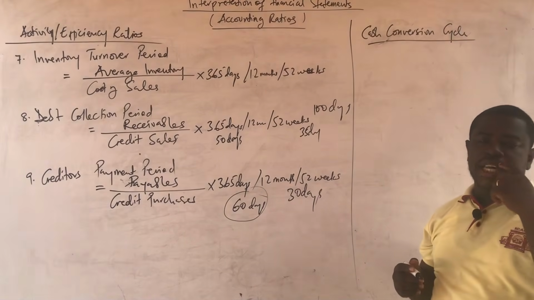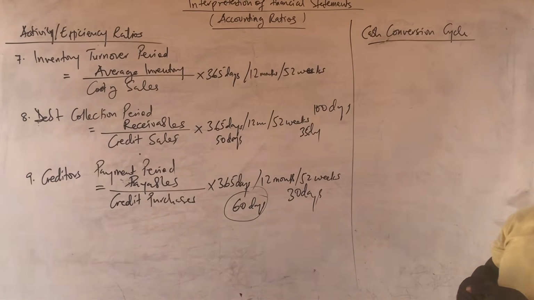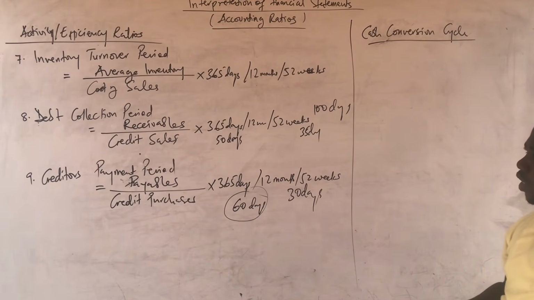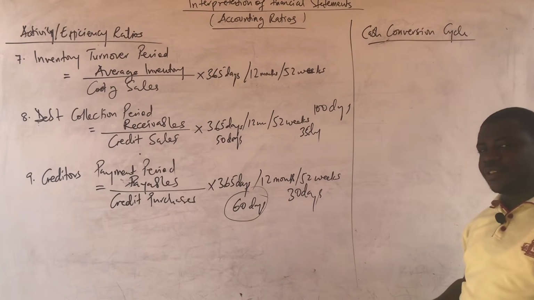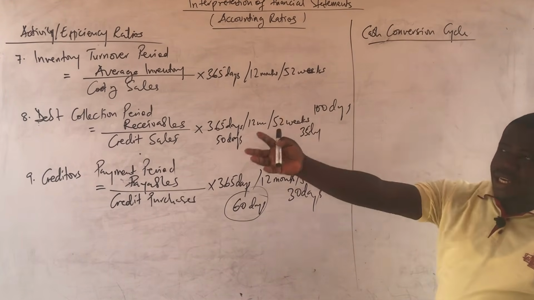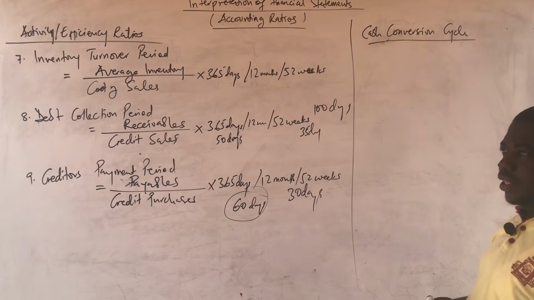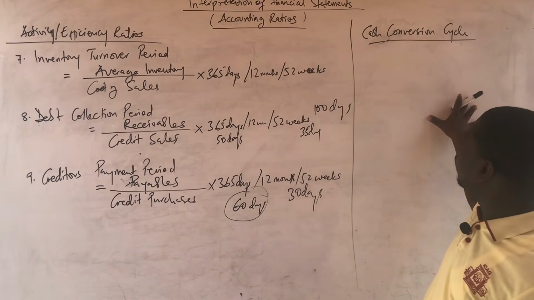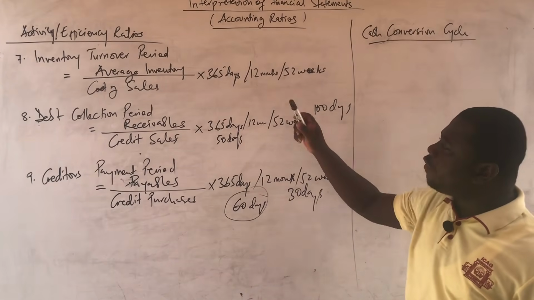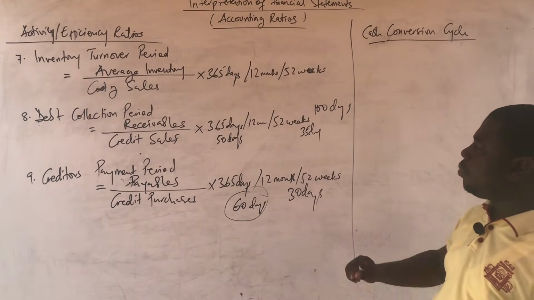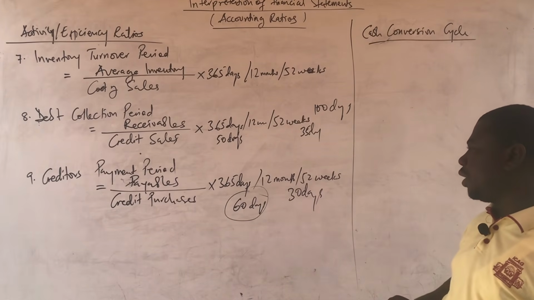It talks about how long it will take the organization to convert their inventories into cash through sales and then collect their debts, which is from sales on credit, and then get the money to pay off their creditors, all that. So we are going to look at these three to calculate the cash conversion cycle: the inventory turnover period, the debtors collection period, and then the creditors payment period.